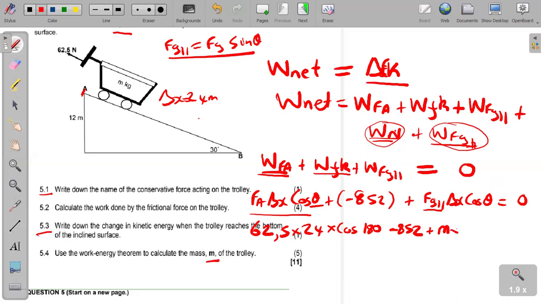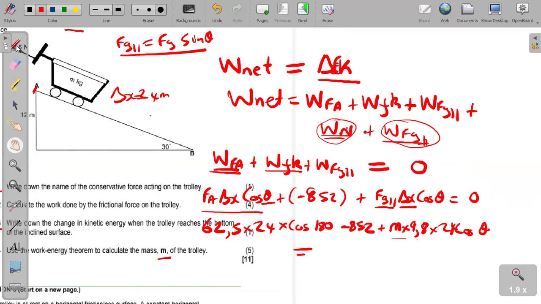Multiply by 9.8, so this is mg, multiplied by delta x. Delta x, mind you, is 24. Multiply by cos 0, which is equivalent to 0. Remember, this equals the change in kinetic energy.